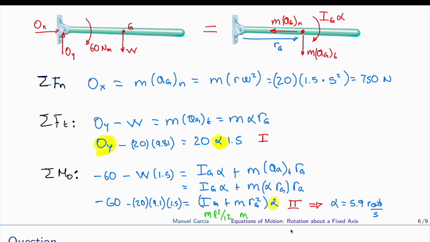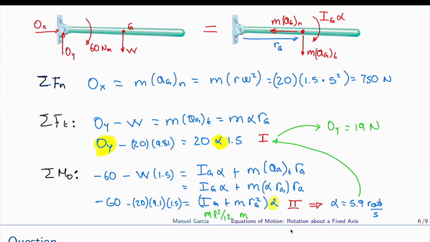So now we take this value and replace it in this equation and solve for OY, the component of the force in the support, and this is equal to 19 newtons. So with that, we solve all the unknowns of the problem.